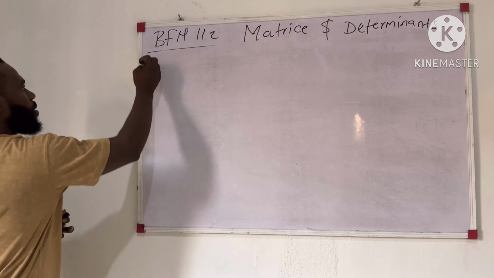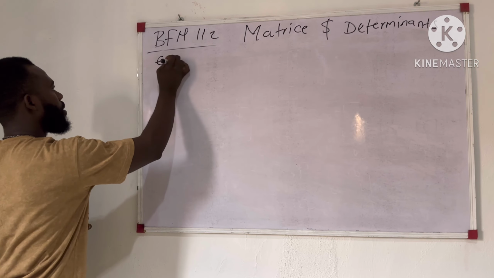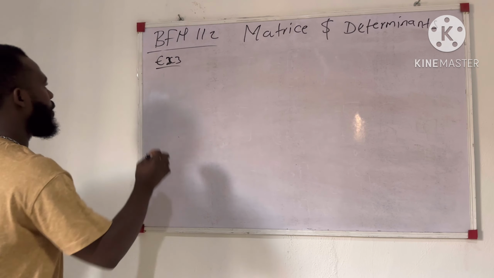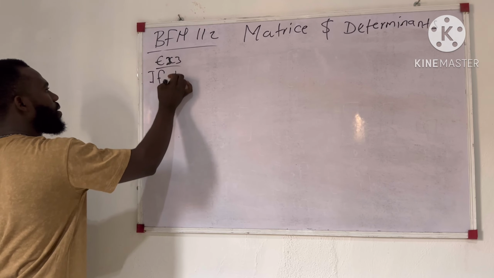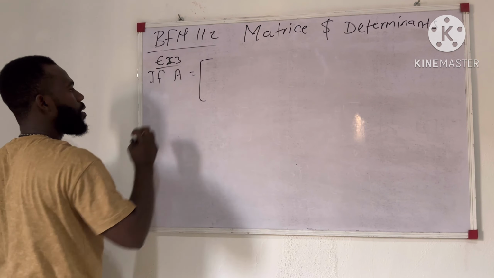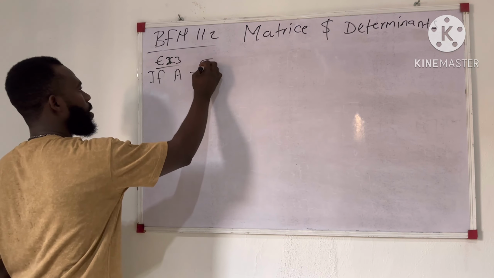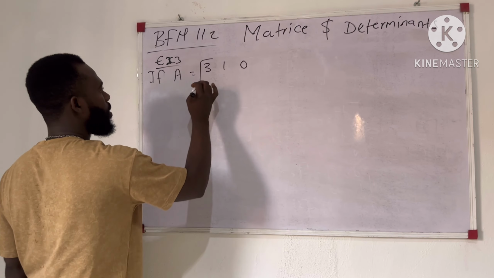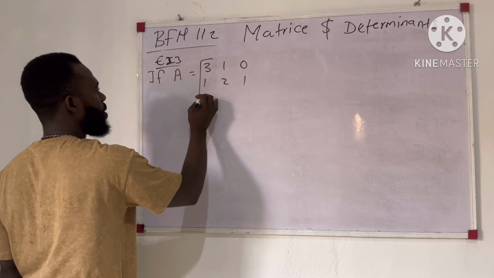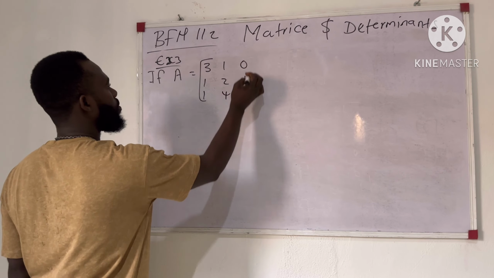Example 3 says, if matrix A, let's be fast, is equal to, let's use this, 3, 1, 0, 1, 2, 1, 1, 4, 2.